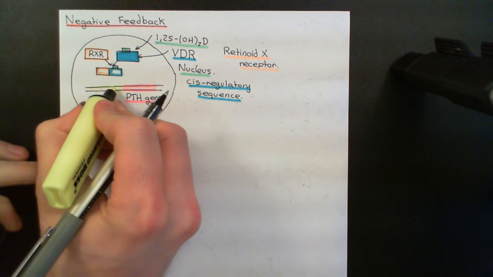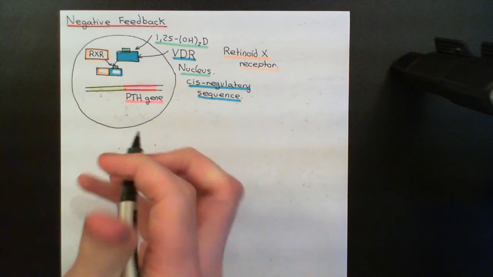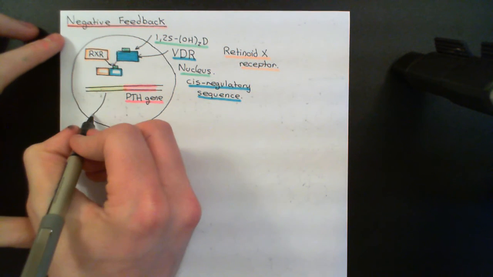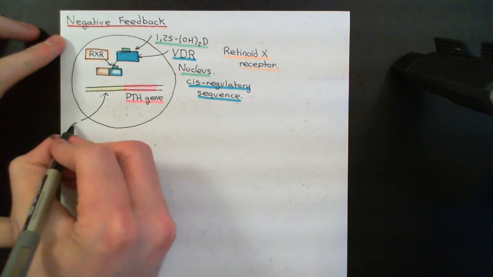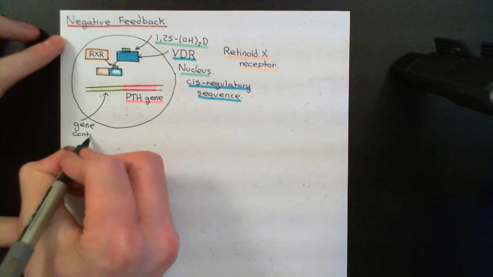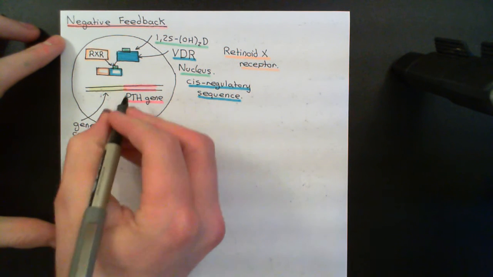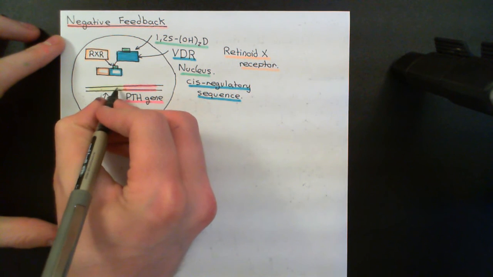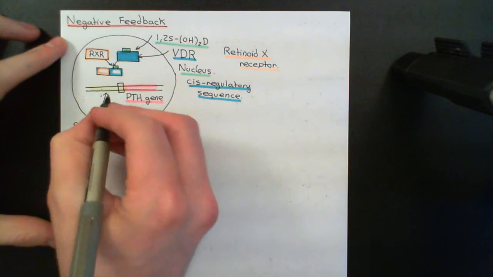This is the portion of DNA upstream of the parathyroid hormone gene, and of course this is the region that controls the expression, controls the transcription level of the downstream gene, and it's known as the gene control region. Now, the portion of the gene control region immediately upstream of the parathyroid hormone gene, this portion here if you like, will be what is known as the actual promoter region.